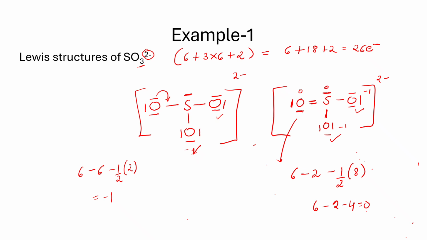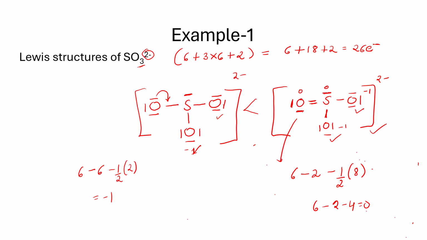Alright, now you can see why this particular Lewis structure of sulfite is going to be relatively more stable than the structure on the left. That's because number one, unlike the structure on the left, there are some atoms here which have a formal charge of 0. And number two is that because there is no positive charge on any of the atoms, there is no charge separation.